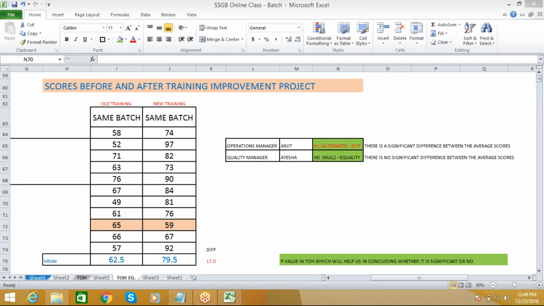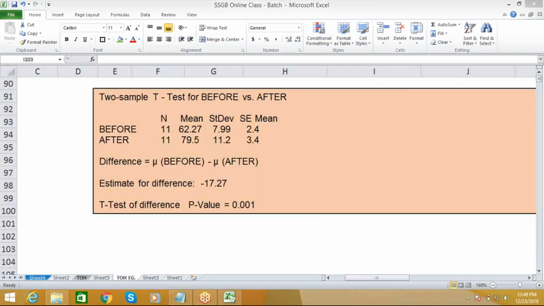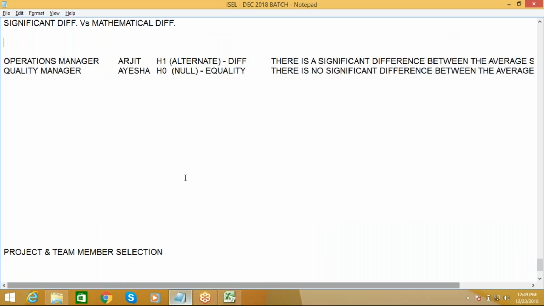So what we can do is put the data into software like Minitab, and I have the test results already with me. Going back to the roadmap, what was our roadmap?